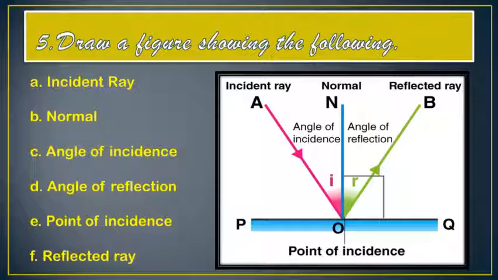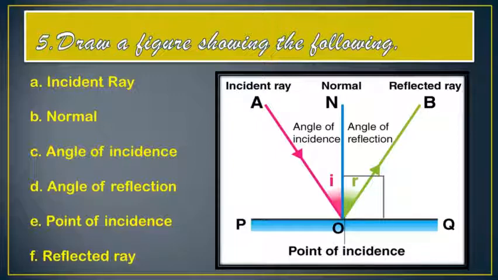So this is a diagram which shows all these points. Ray AO is the incident ray and ON is the normal. OB is the reflected ray, and the angle between ray AO and the normal is the angle of incidence, and the angle between the reflected ray and the normal is called the angle of reflection.